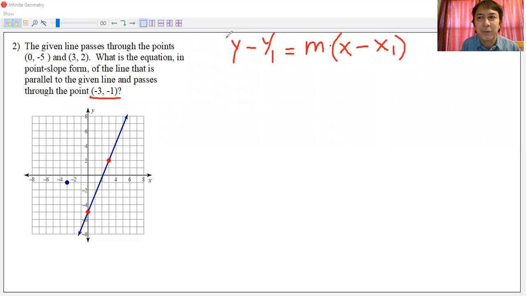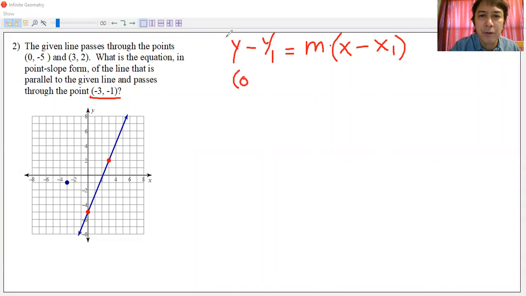Now temporarily, we're going to make use of the given 2 points to compute for the slope m. So we can use x1, y1 in one of the given points, just to get the slope, so that we can use the formula for the slope, and then that will be used in this formula. All right, so that's the way to do it. So let us get the given first.